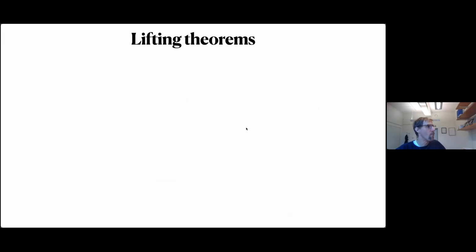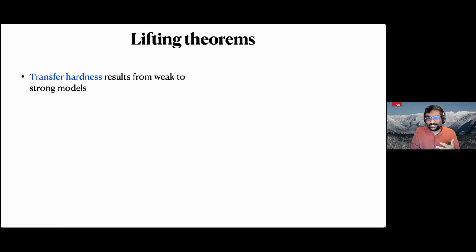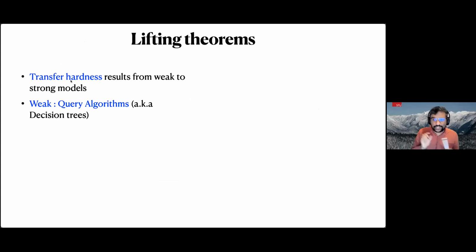Let me just briefly begin by introducing what lifting theorems are. These are theorems which transfer hardness results from very weak models of computation to strong models of computation. A typical weak model of computation is the model of query algorithms or decision trees.